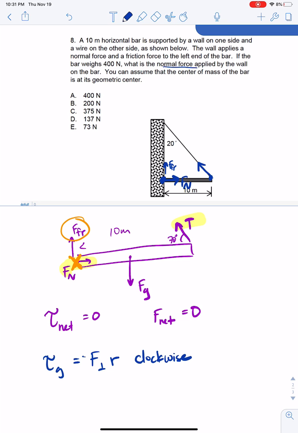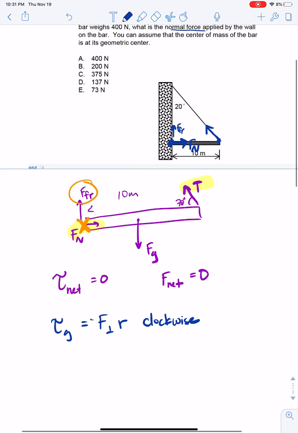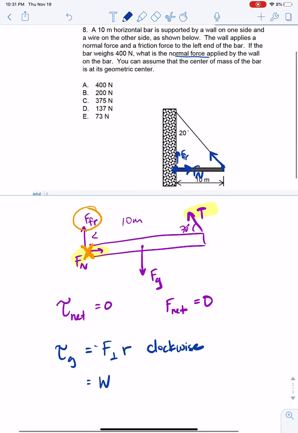And then the perpendicular force of gravity in this situation is just the weight, which is 400 newtons.